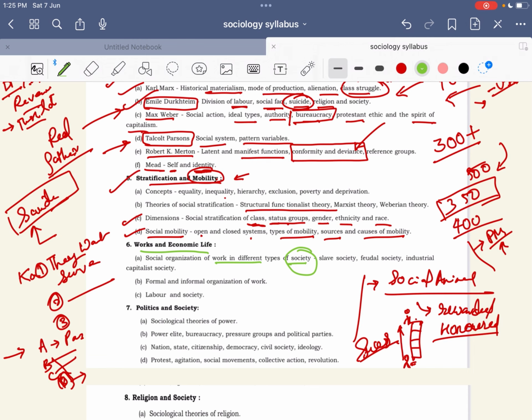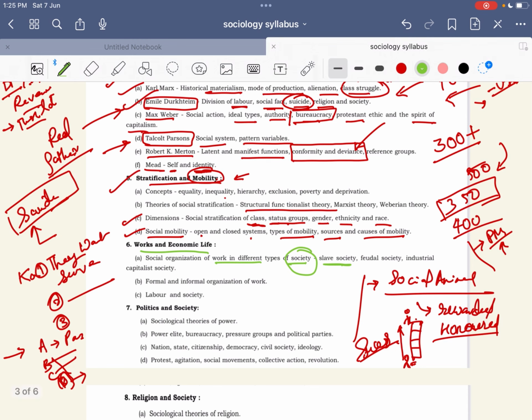In the society back then, what was the social organization? Like in the slave society in Europe, before modernization, slaves used to serve the master. Then what was the work there and how did it impact the economy.